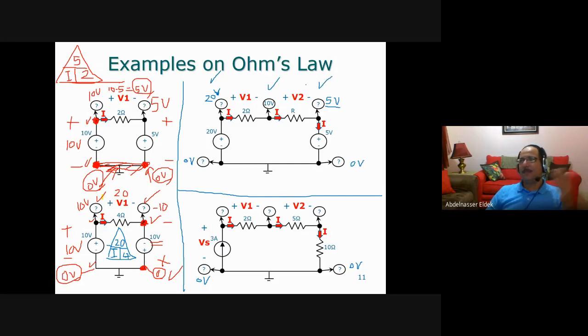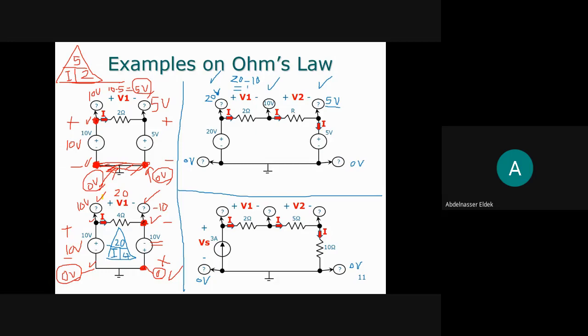That will be easy for me to calculate V1 and V2. Why? Because V1 is the left side, which is 20, minus 10. So the positive side minus the negative side, which is 10 volt.